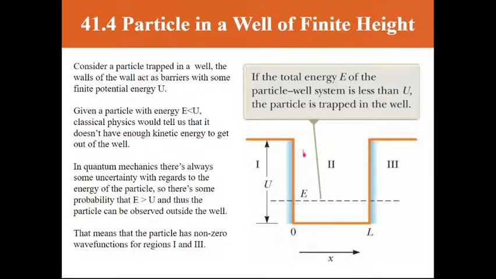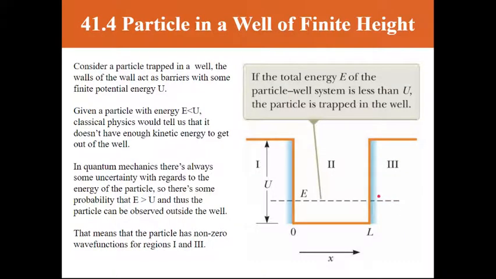And if that's true, then when you observe the particle, it's possible that you can observe it in either region 1 or 3. In classical physics, you will only see it in this area because the particle will never have enough energy to get out of the well. But in quantum mechanics, it can. If the particle can be found here and here, the probability density isn't zero.